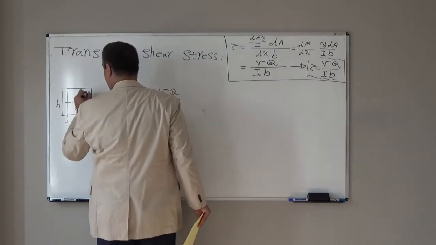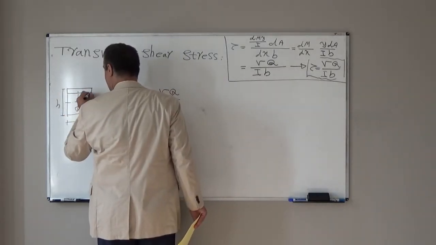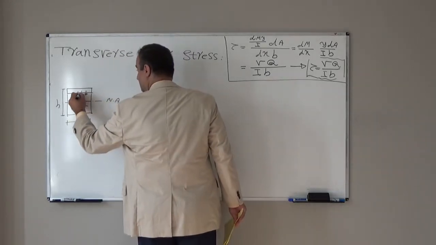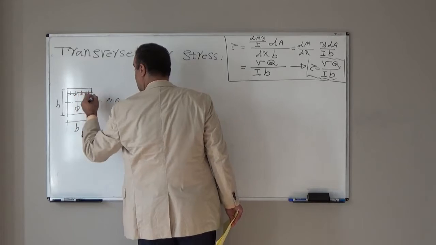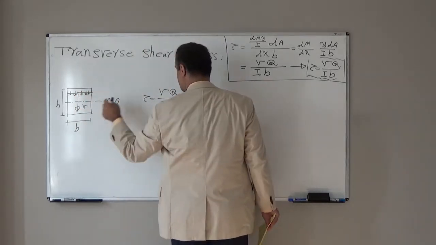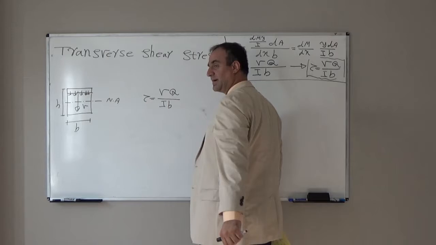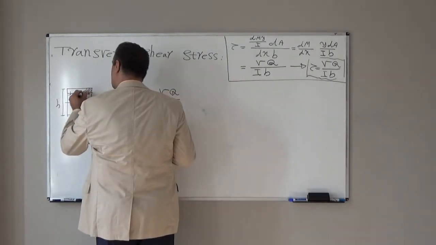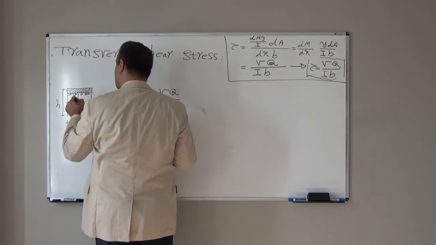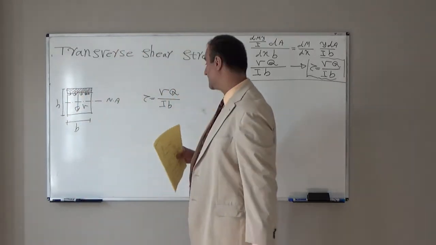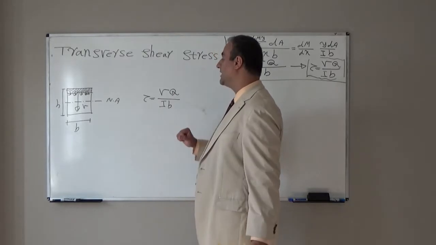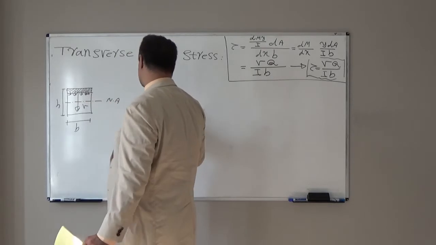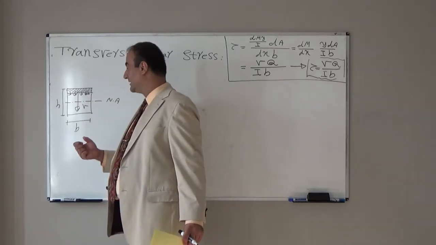For example, if I want to find the shear stress in this fiber, it will be shear force V times Q, the moment of area of all area above this fiber with respect to the neutral axis, divided by I, the moment of inertia for this cross section with respect to the neutral axis, times B, the width of the beam.